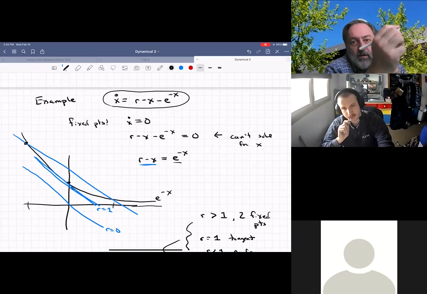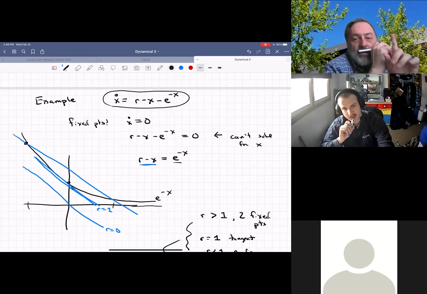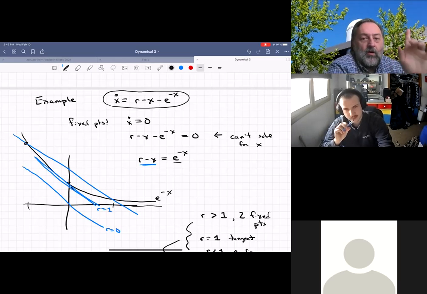Right. So when r minus x is equal to e to the minus x, there's a fixed point. So for any r less than 1, there's no fixed points. Yep. So when r is equal to 1, there's 1 fixed point at the origin. Yep. For any r less than 1, there's no fixed points.